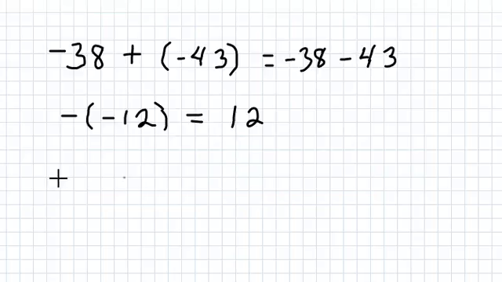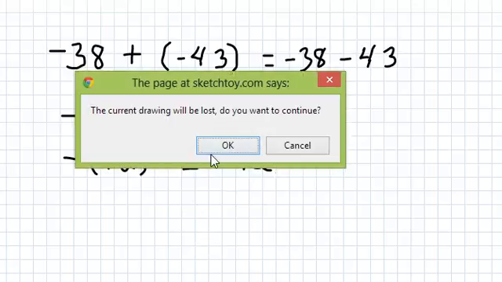A negative becomes positive. But remember, if this were negative and the inside is positive, now of course we don't put a plus sign for positive, so this is going to simplify down to negative 12.